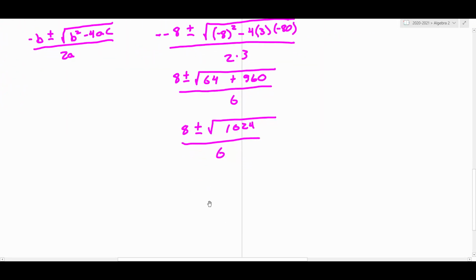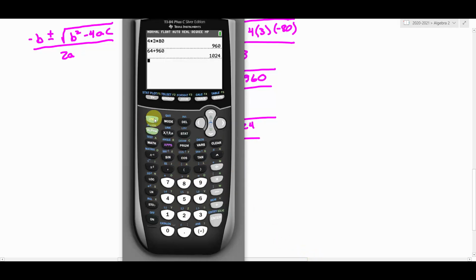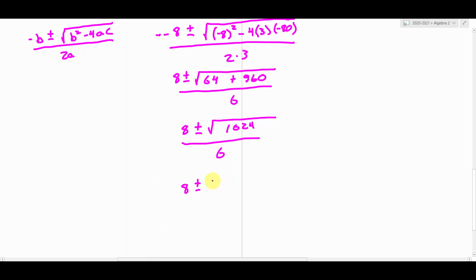So we've got 8 plus or minus. Now I need to do the square root of 1024. I'm going to go second, square root, 1024. I hope it's a nice number. It is. It's 32. That's awesome.